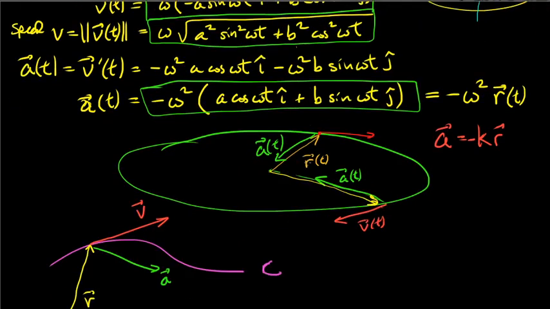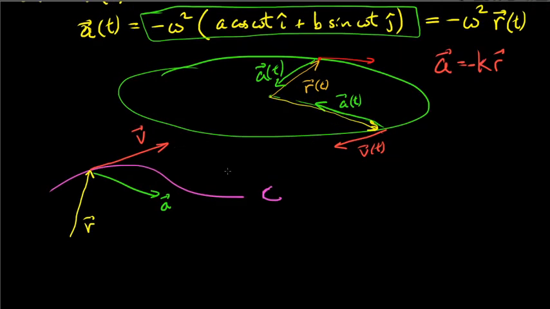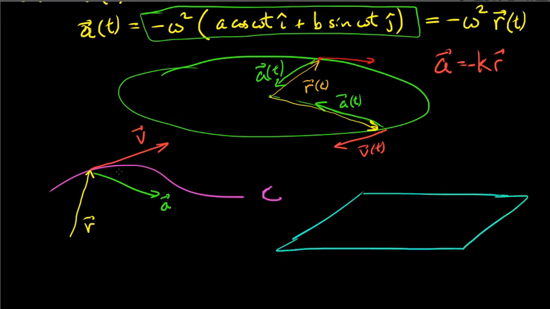Now, even if this isn't a curve in the plane, it turns out the acceleration vector has to point in the plane of r and v. So let me draw a plane. Let's say the curve is this curve here, and you have your position vector at some point with the origin here.